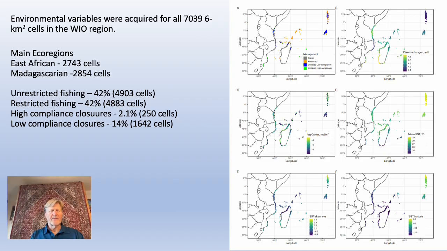Here I just wanted to show you some example of these environmental layers. This is the distribution of a variety of environmental variables. On top of some of these common ones, such as temperature, chlorophyll concentrations, etc., we also identified each cell for the type of fisheries management in each of the cells, and we used 4 categories: unrestricted fishing, restricted fishing, high compliance closures, which are only 2.1% of all cells, and low compliance closures, which are 14% of the cells.